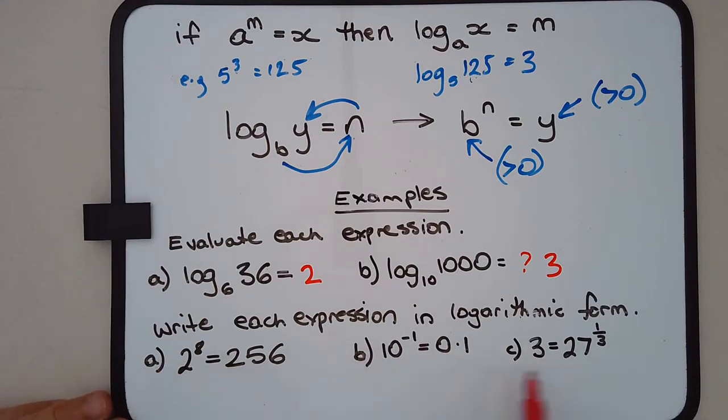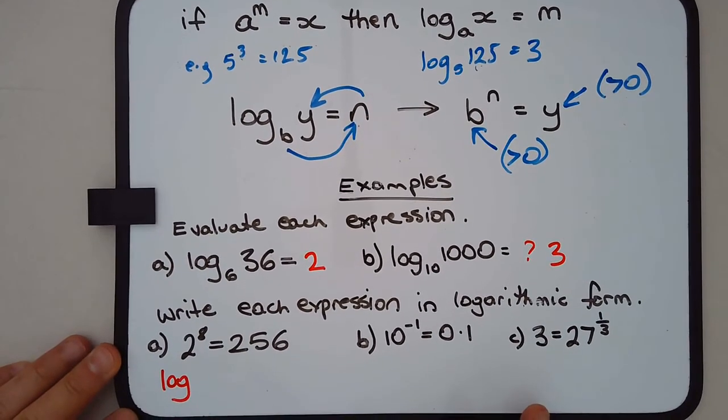These ones here, we're going back in reverse. So we've got exponential form, and we want to write those into logarithmic form. So 2 to the power of 8 equals 256, fine. How can we rewrite that using logarithmic form? We start off with the word log. The next thing is the base, so I'll just slide that board up a little bit.